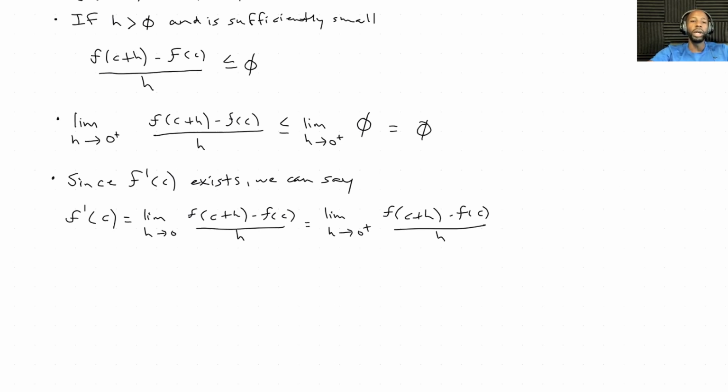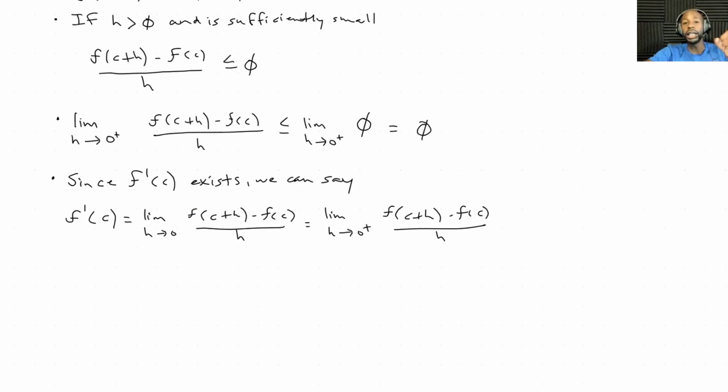So we know according to Fermat's theorem that the derivative at point c exists. So because we know that limit exists, we can say that the derivative, which is going to be equal to the limit as h approaches 0 from both sides, should be equal to what we just found here, the limit as h approaches 0 from the right side.